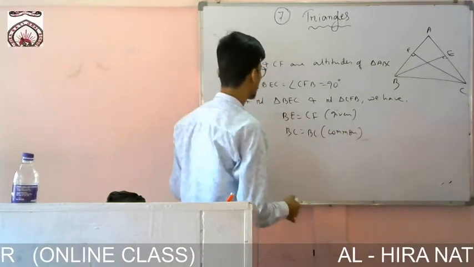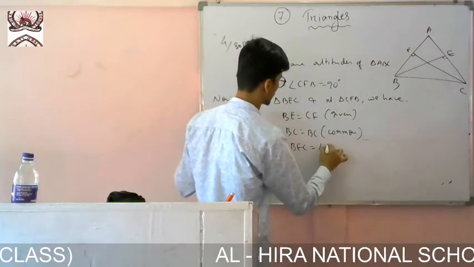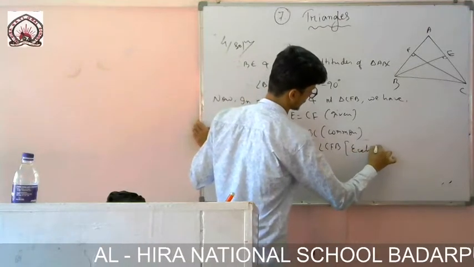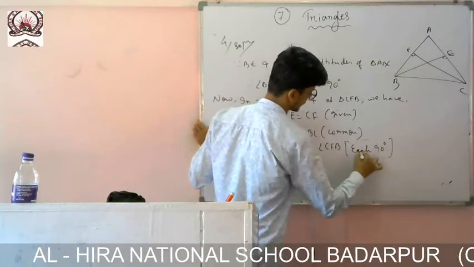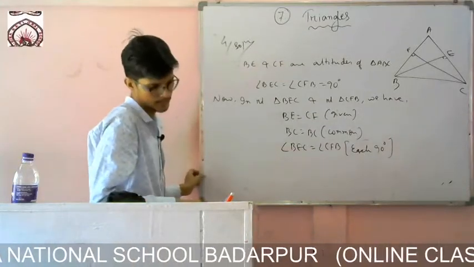And since these two are right triangles, that means angle BEC equals angle CFB, each 90 degrees.